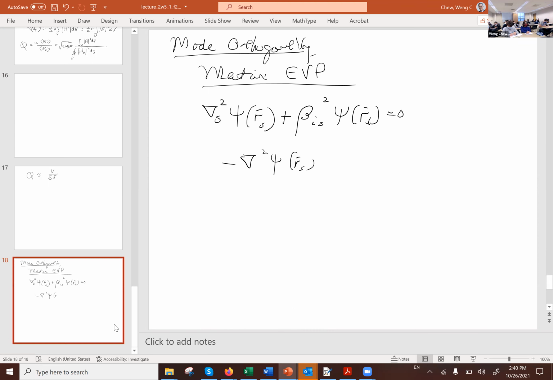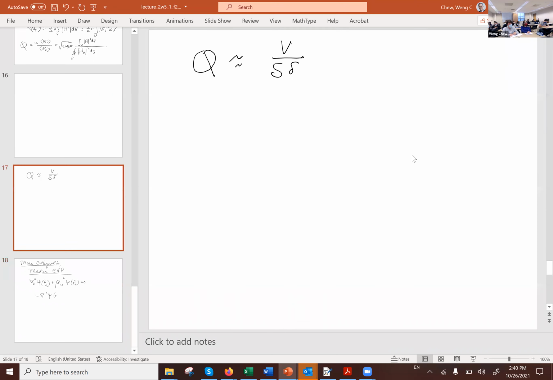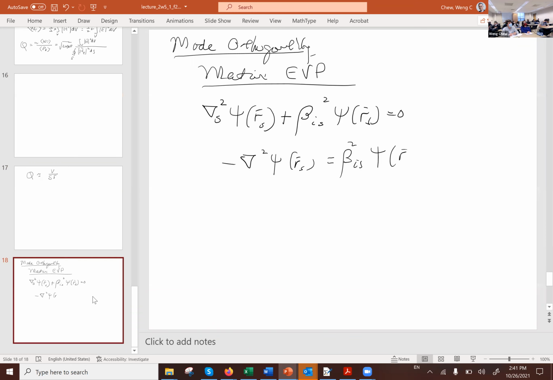Okay, so I can rewrite this equation in this manner. And I'm claiming that this problem is actually homomorphic to the matrix eigenvalue problem. So if I have a matrix eigenvalue problem, I will have something like that. I suppose all of you had a course in matrix algebra.